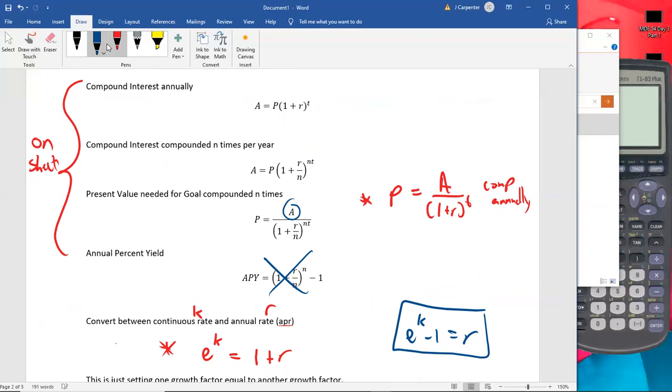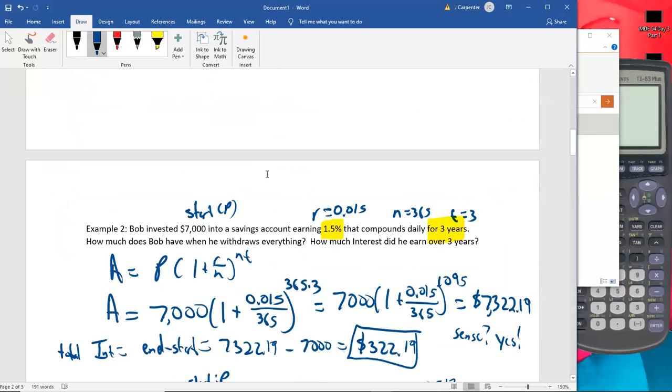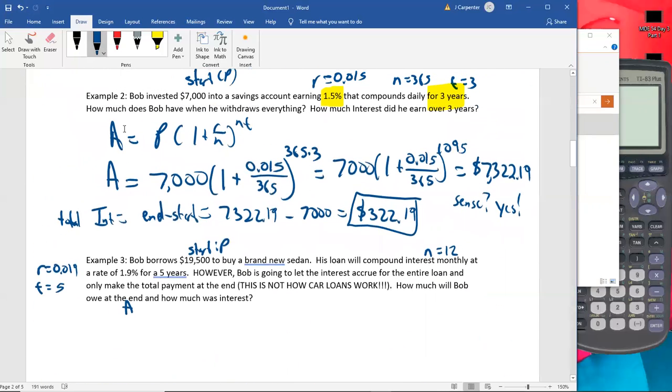This is the ending value, so we can't use this formula because we don't know the ending value. We know the starting value, so it's one of these two. But we said that we compound monthly. This top one is only for annually, which is N being 1. So that formula is out, which means we're actually going to use the same formula as last time. So A equals P parentheses 1 plus R over N raised to the NT. So the same exact formula as last time.